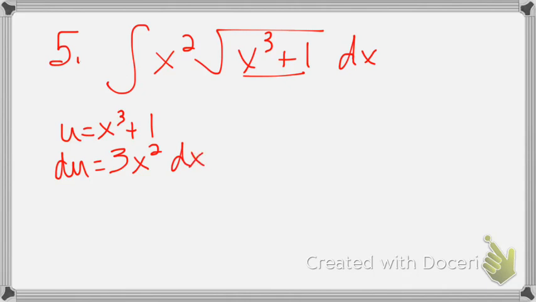Okay, so here's what makes this different than the last ones. There's a 3 on my dx. There's not a 3 in the problem. See that? Well, if I want to make it like the last ones, I need the 3 to be there. So I want to put a 3 there.